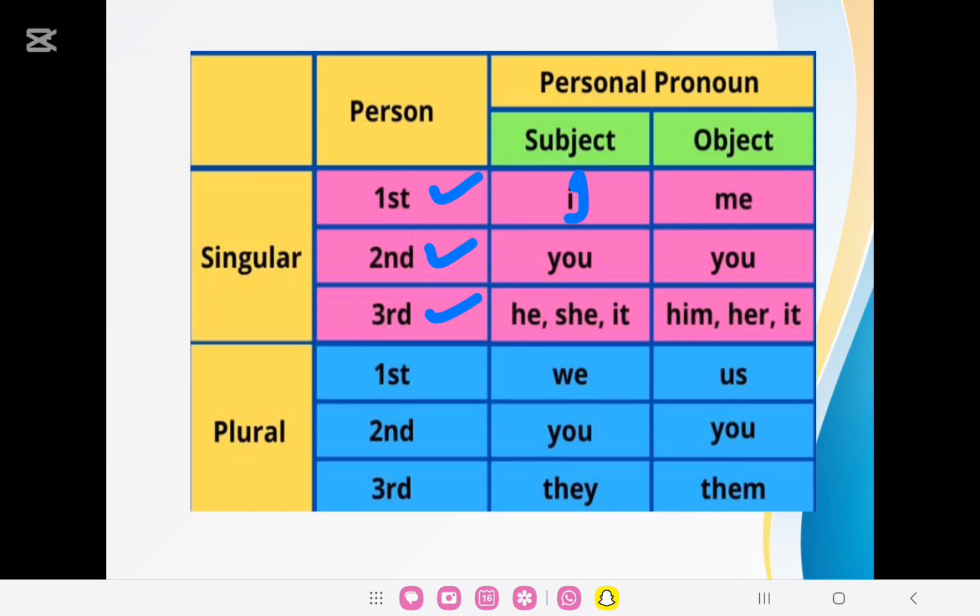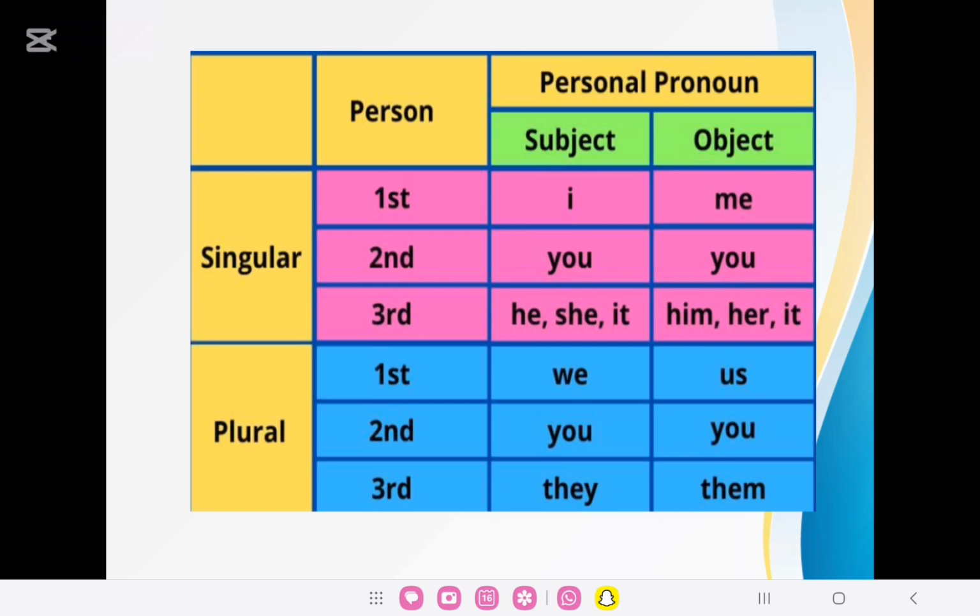That's why this is I, and in object form we replace it with me. That is the object. Object means any noun that comes at the end of a sentence.